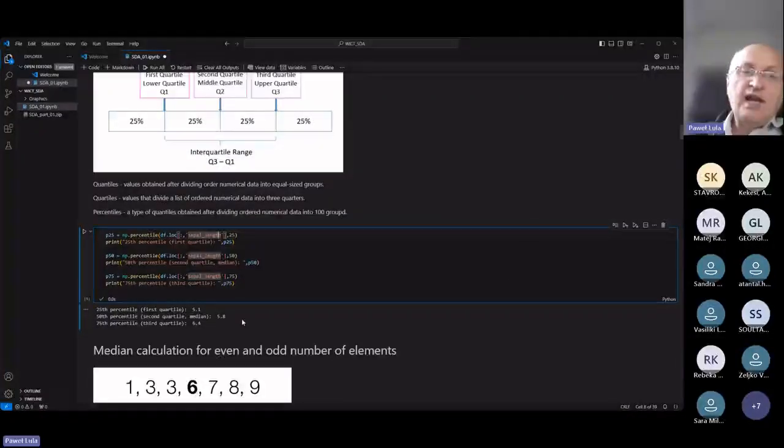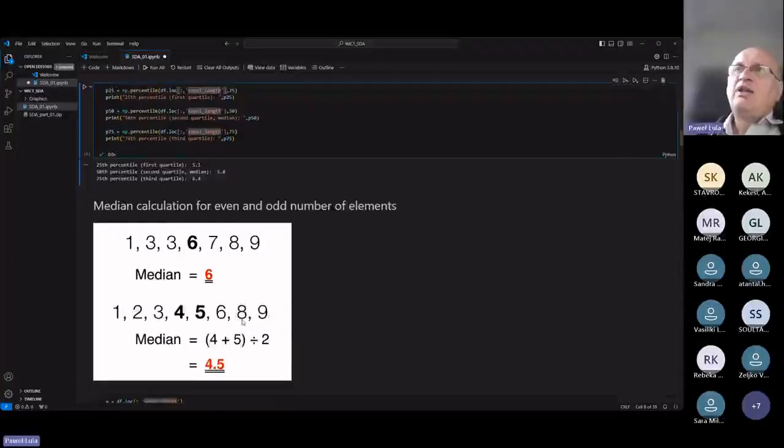But when I want to perform these calculations manually, I should remember about one problem which may appear. When we are going to calculate a median value and the number of elements in our sequence is odd, then the median value is equal to the value which we have in the middle of this list.